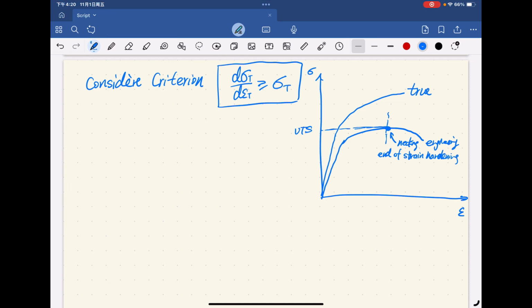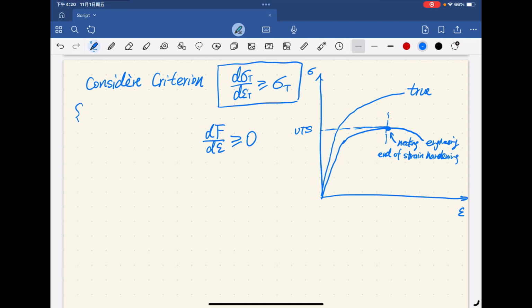As the strain increases, the strength of the material increases as well, which is known as strain hardening. Like in this area, the external force is always increasing as the strain increases.